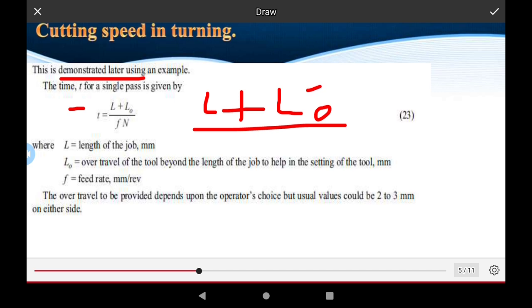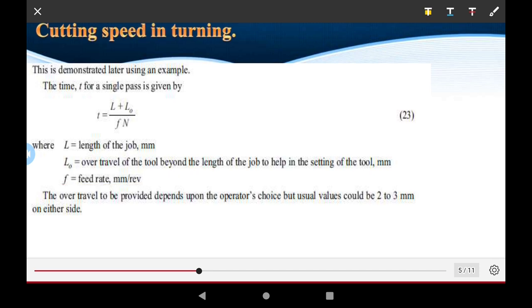L naught is the distance the tool travels, beyond the length of the job, to help in the setting of tools, in mm. F is the feed rate per revolution. The feed rate is fixed along the direction of the tool, and the overall travel depends upon the operation chosen; the usual value could be 2 to 3 mm on either side.